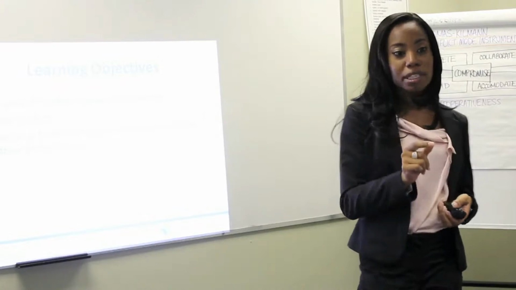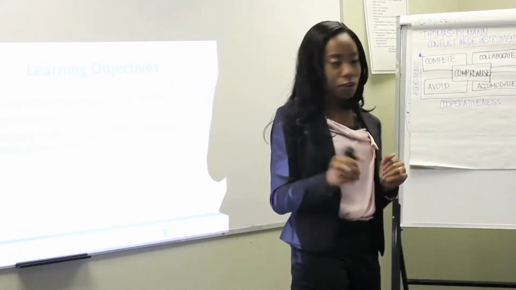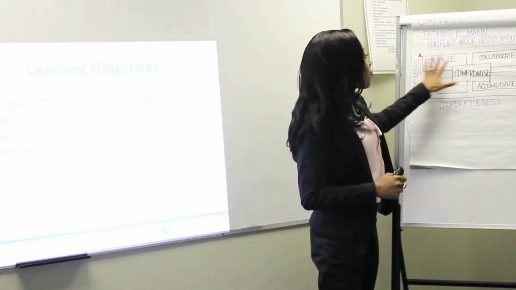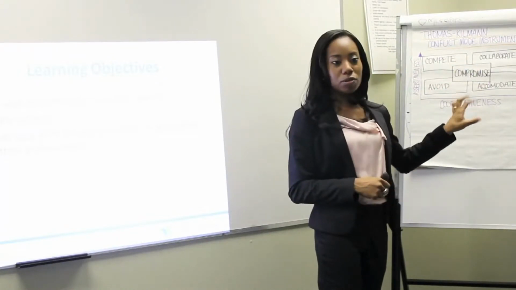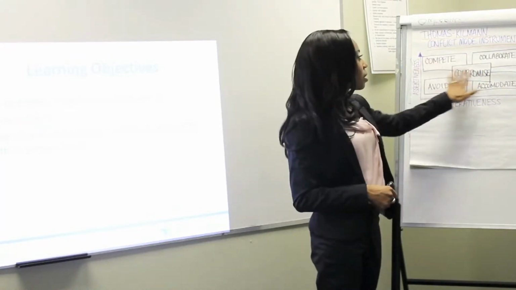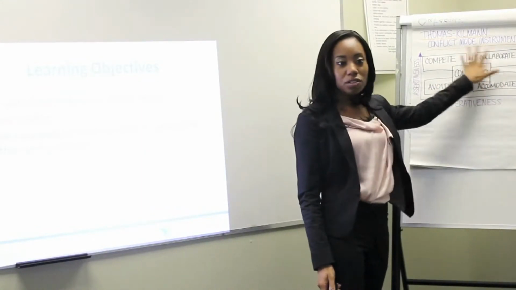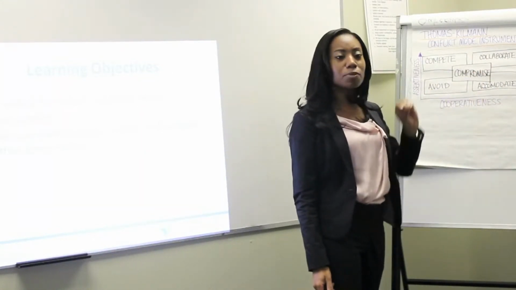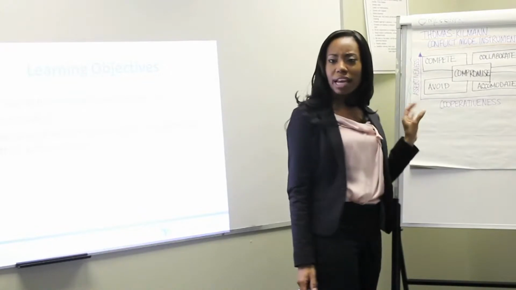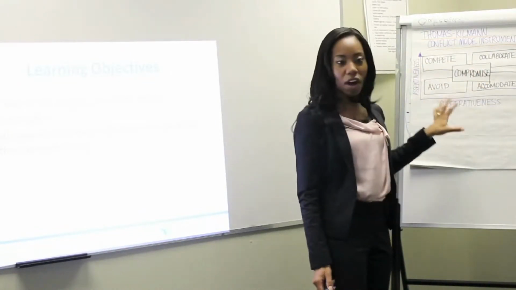With regards to the Thomas Kilmann instrument, you've got 5 different ways of approaching conflict: compete, collaborate, compromise, avoid, and accommodate. So these are the 5 different methods. Depending on your personality style, you tend to move towards one of these 5 boxes.